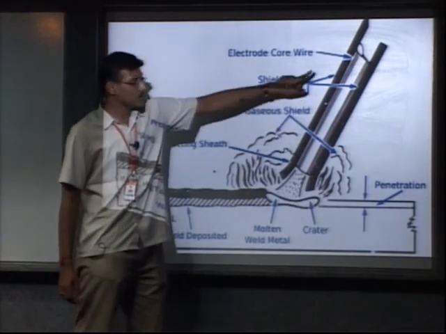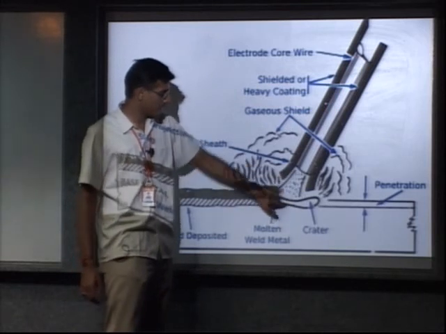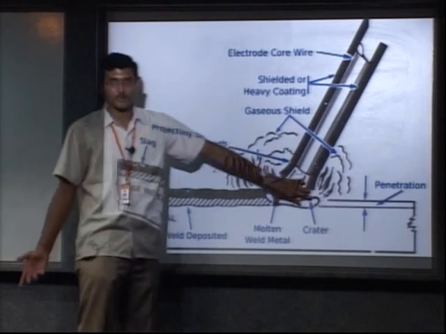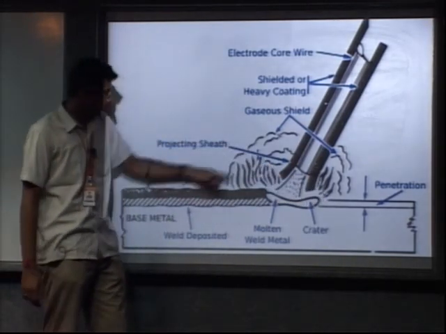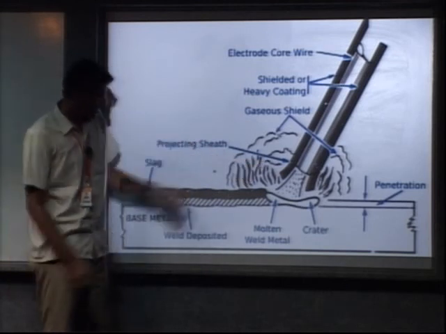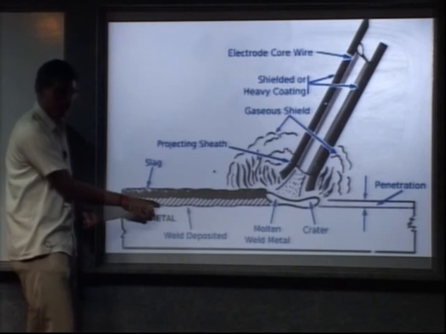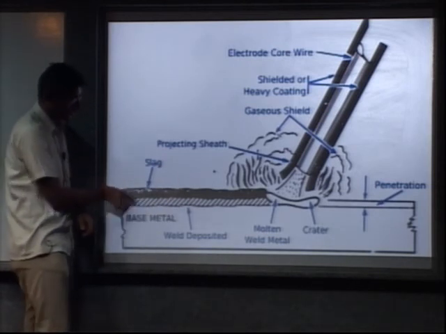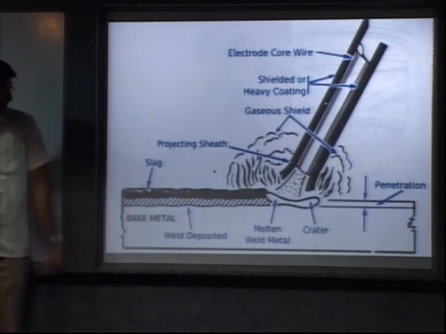Now you are passing your DC or AC current, so the arc is generated between the metal and the electrode. So this is your arc, and this is a crater, and it will provide you with slag and also the shielding gas, and these shadow lines are nothing but your welded area, and this slag will prevent your weld area from atmospheric gases, that is, it prevents oxidation.